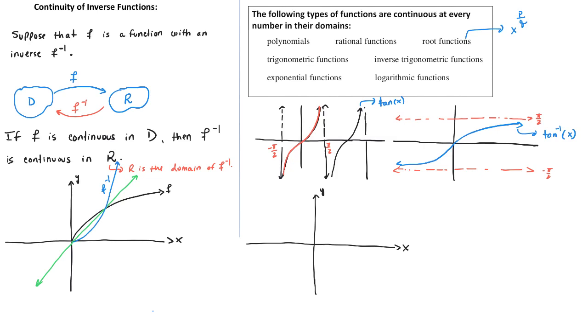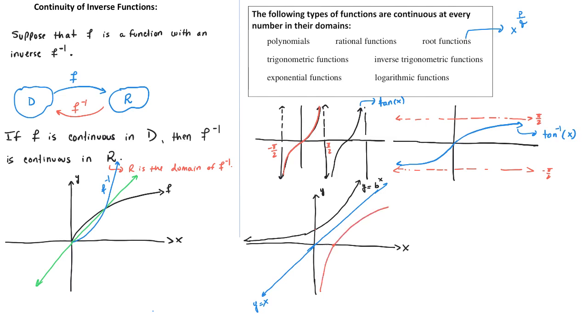Here is a typical exponential function right here. It increases from left to right. So this is, let's say, y equals b to the x. And then you already know that if we take this exponential function, this is the line y equals x, and we reflect the exponential function, so this is going to go here.